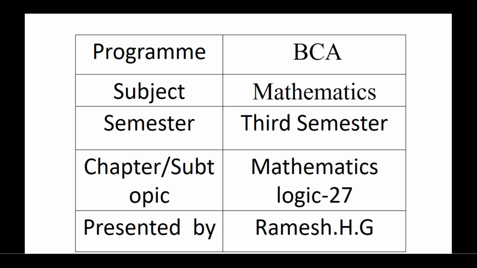If two propositions are combined together, we call it a compound proposition, and the compound proposition is obtained by using logical connectives. So P and Q are combined to form a compound proposition by using AND. We call it conjunction.